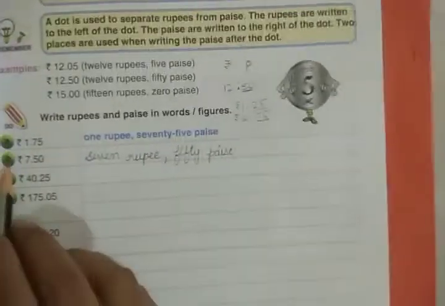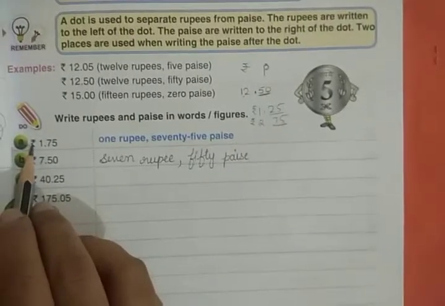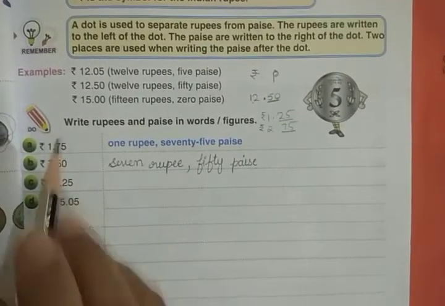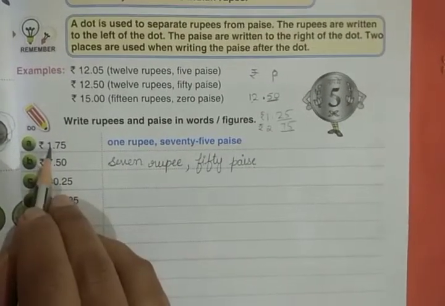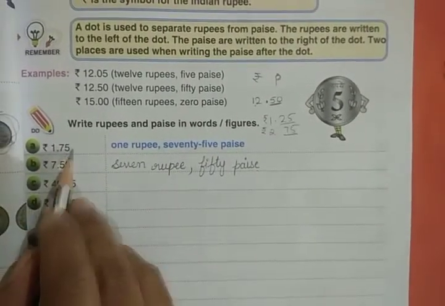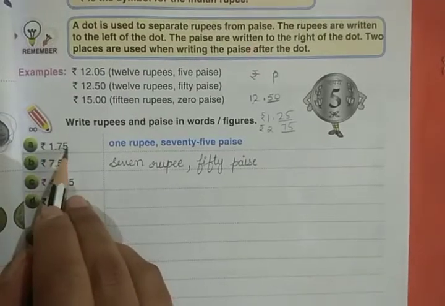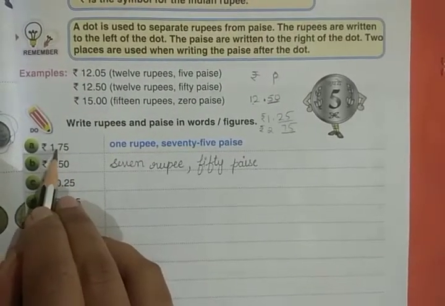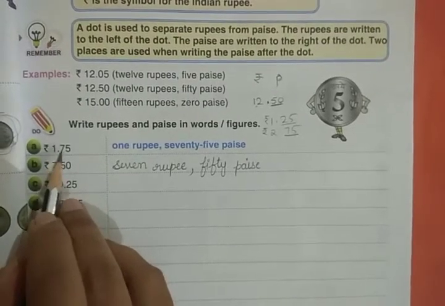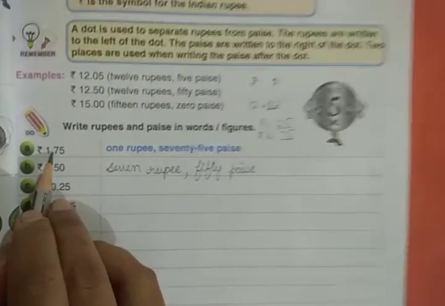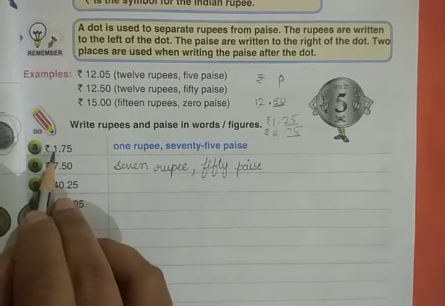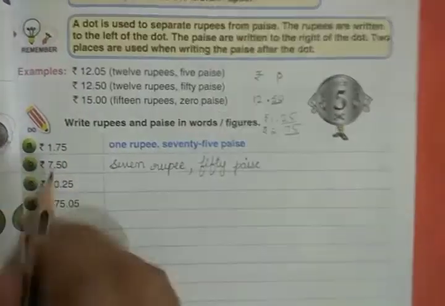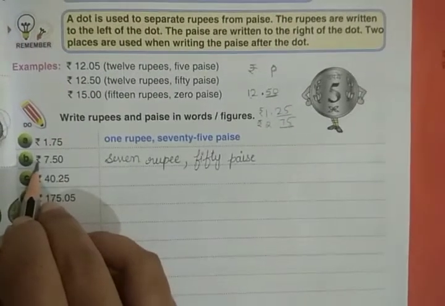See for example they have given here the rupee symbol 1.75. 1.75 means this side is rupee and this side is paise. 1 rupee 75 paise. We have to read like this. This point we have to observe and read properly: this side rupees and this side paise.